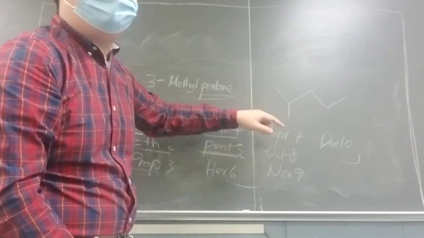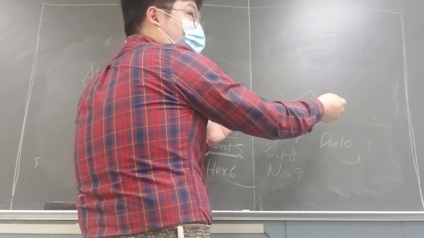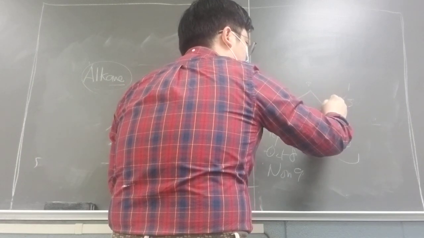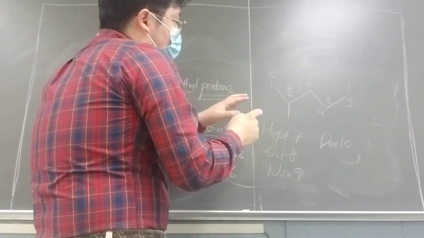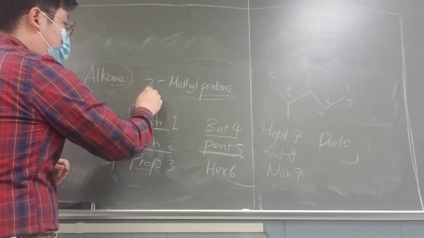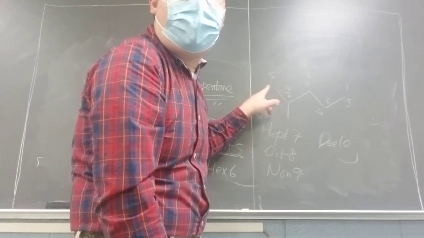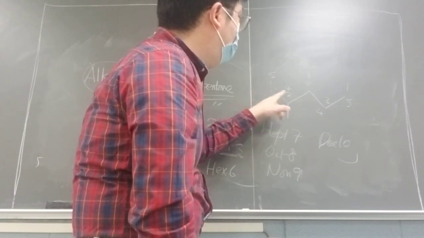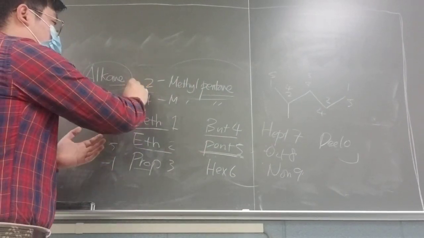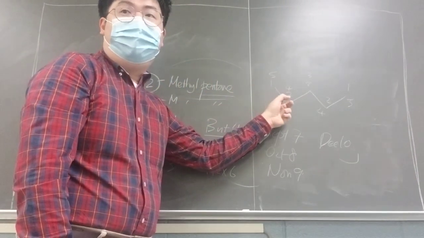In this way, you can count from left to right, 1, 2, 3, 4, 5, or you can do 1, 2, 3, 4, 5 from the other side. Then there are 2 possible scenarios: either you can say this is 2-methyl, or you can say 4-methyl. It depends on where you count the carbon from, either from the left or the right. In this case, you always follow the lower one. So you know where you should count the carbon from is the left.